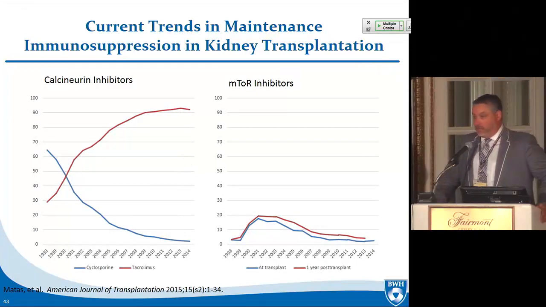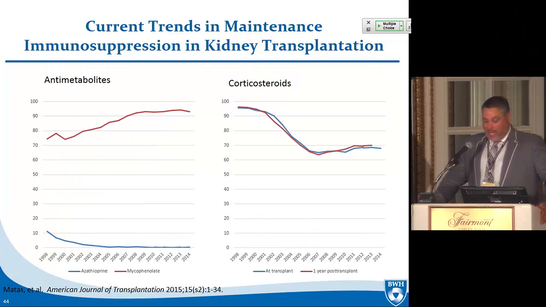Now the use is about 3 to 4% nationally. Antimetabolites, mycophenolate is by far the most commonly used immunosuppressant in the U.S., and you're seeing about 30% of U.S. transplant centers are early steroid withdrawal centers, trying to take the majority of their patients off corticosteroids.